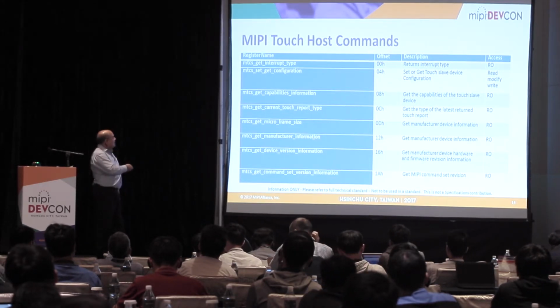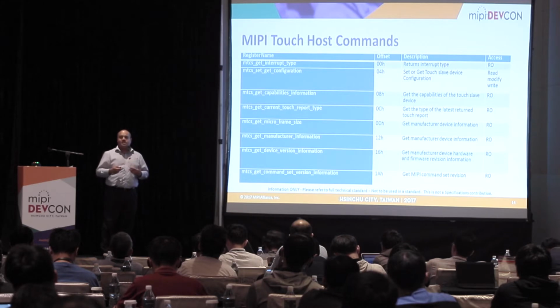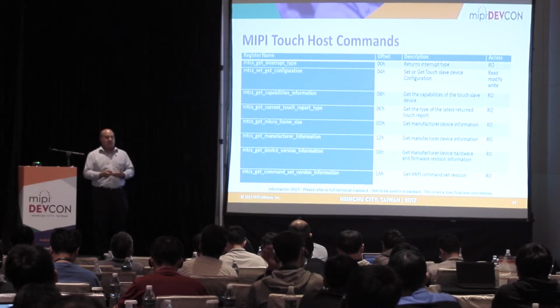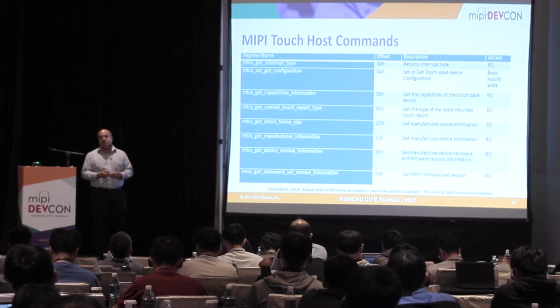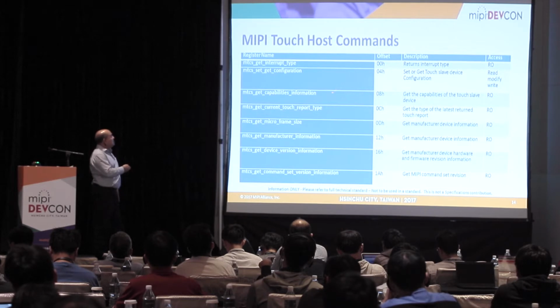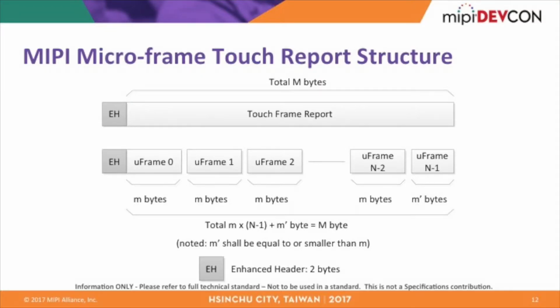Something like getting the manufacturer information, device version information, command set. These are just diagnostic registers that you can read one time to learn what the status of your device is, what version of the device is. But you don't continuously have to read these ones. The only one that you would read would be set get configuration, and we'll talk about that in a second.